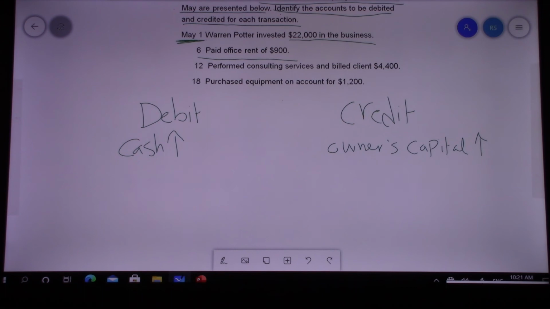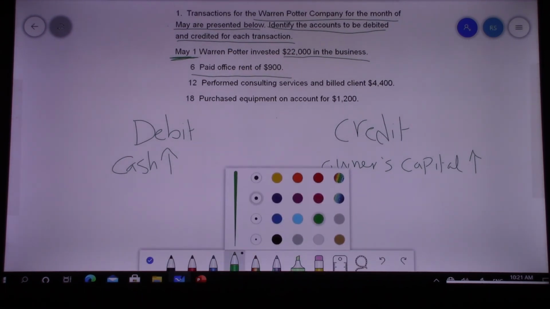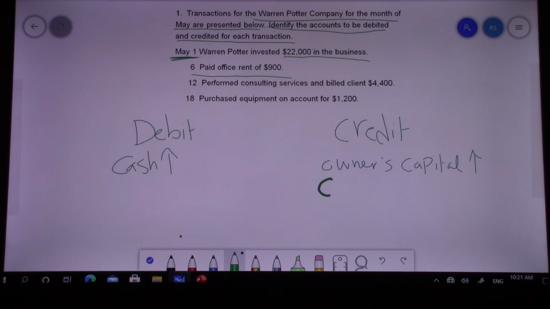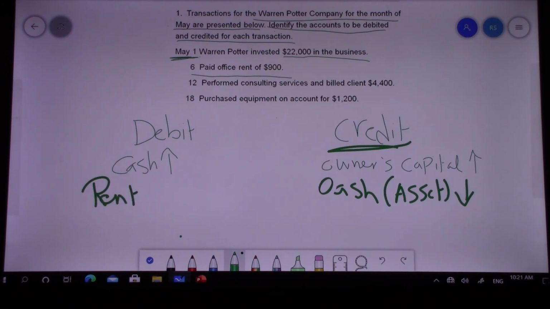Of course, cash as an asset decreased, so it will be on the credit side. And we paid rent expense, so rent expense increased, and it will be written on the debit side.